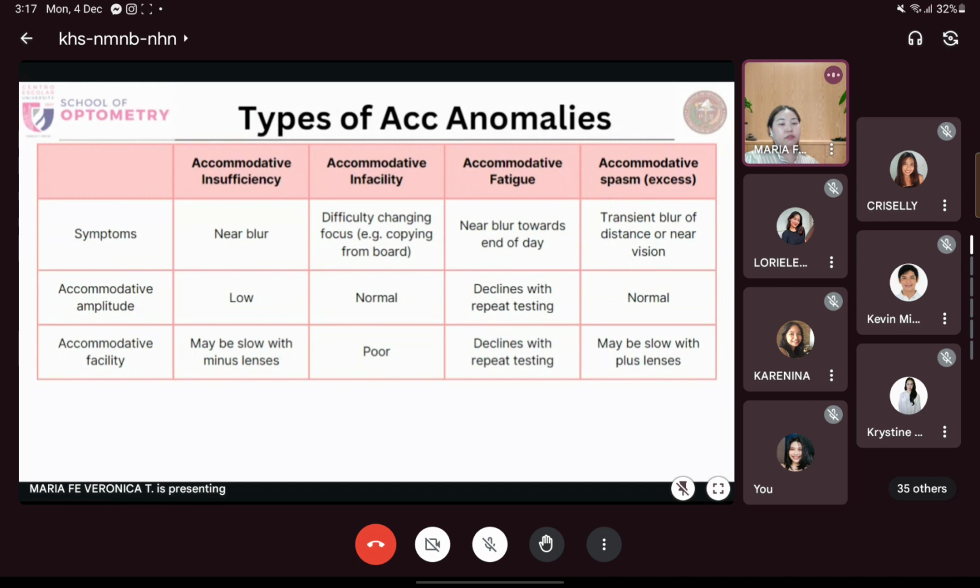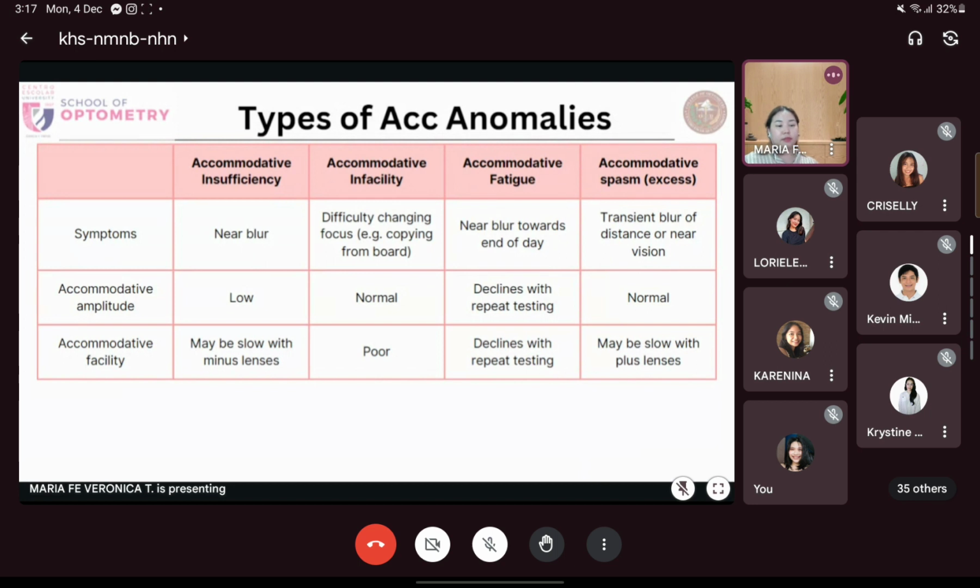For accommodative facility, this is done using flipper lenses. I'm not sure if you've seen or if you've tried the flipper lens. Yun yung apat yung lens, tapos parang may handle siya. Tapos you shift from a minus lens to a plus lens, then babalik mo kay minus, babalik mo na naman kay plus lens.